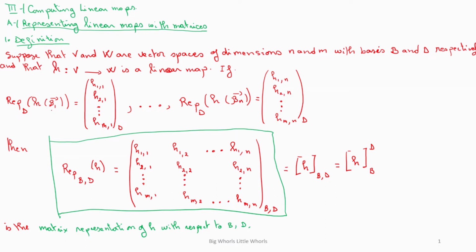Step 1, we find the action of H on each element of the domain basis, and then we just concatenate those. First of all, we find the action of H on each element of the domain basis, and then we represent that action with respect to D.